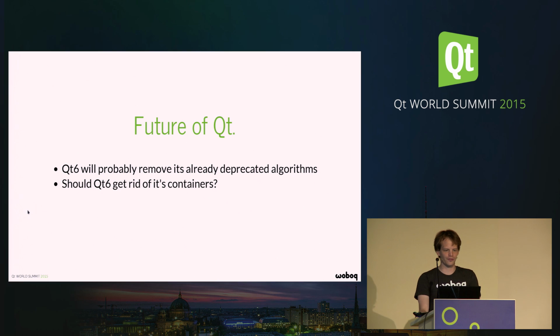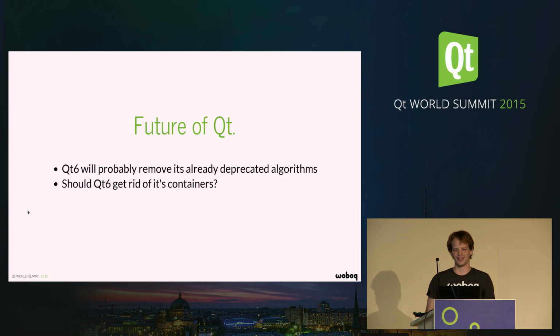So what's for the future? Probably in Qt 6, the Qt algorithms that are already deprecated might be removed. Should we get rid of the containers? That's the big question. Is this ABI guarantee worth it?